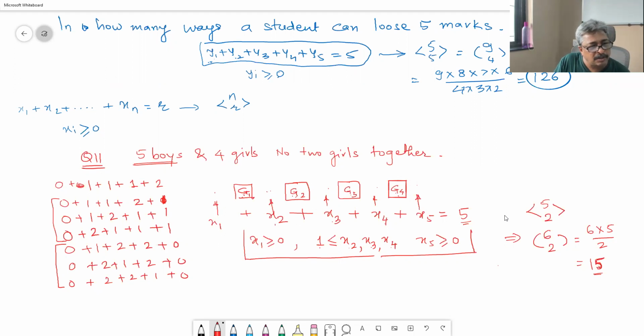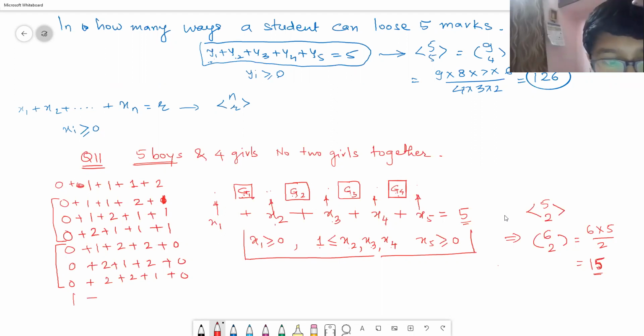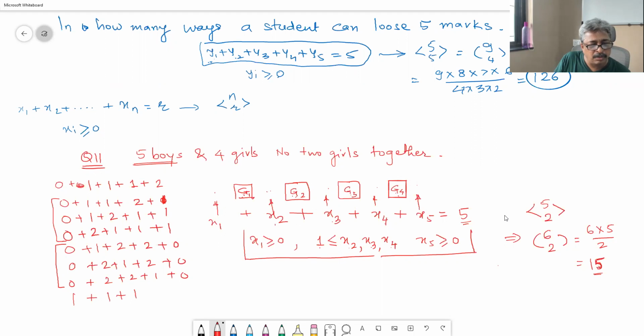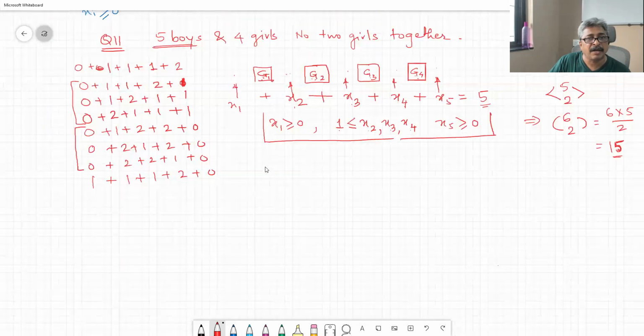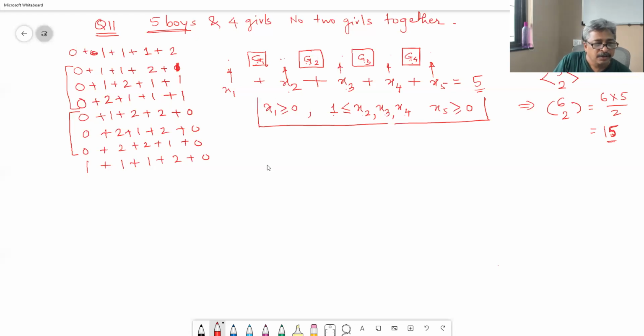Then 1 plus 1 plus 1 plus 2 plus 0. Correct? I have not done this earlier, I am recording and still I am doing it. So 1 plus 1 plus 2 plus 1 plus 0, and 1 plus 2 plus 1 plus 1 plus 0.